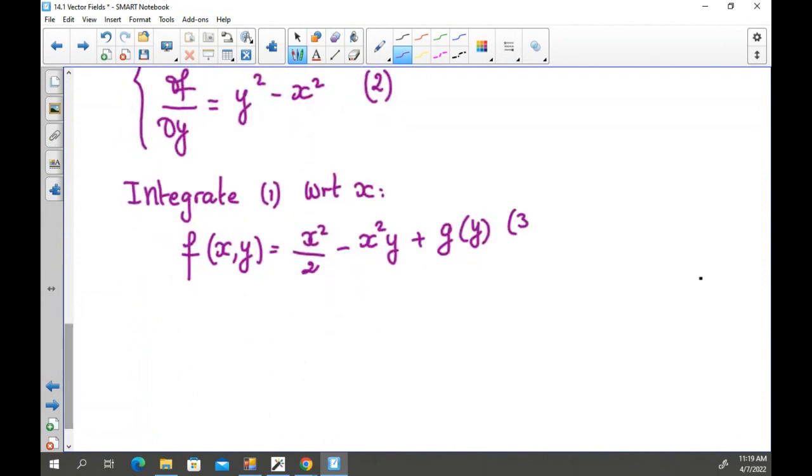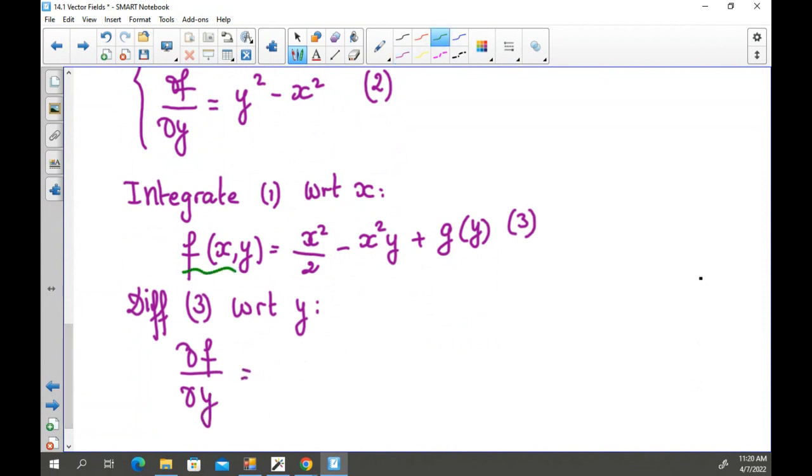After this, we differentiate 3 with respect to y. So we will get df over dy. This is the derivative of the left side.